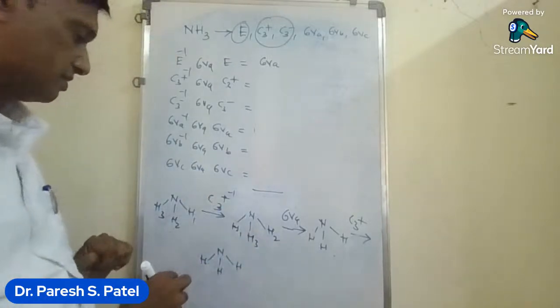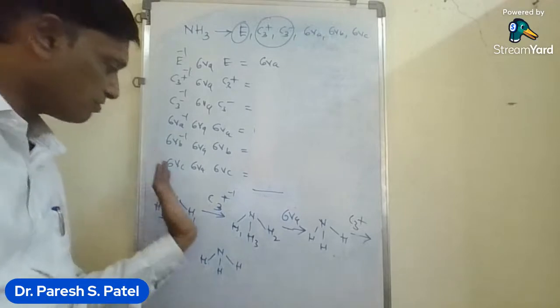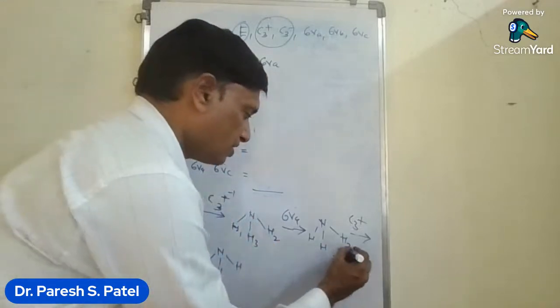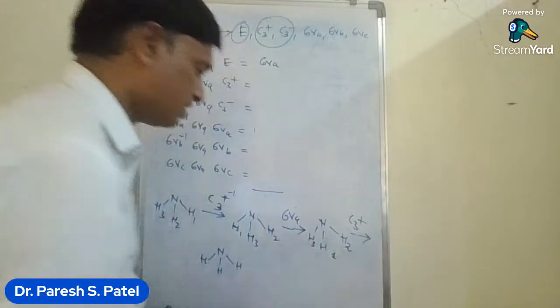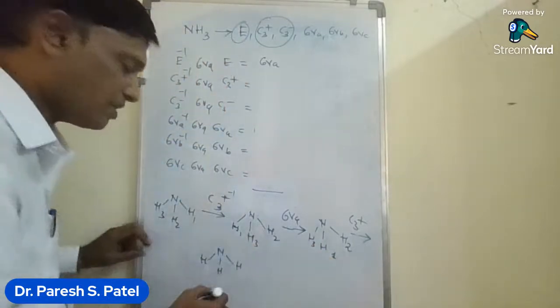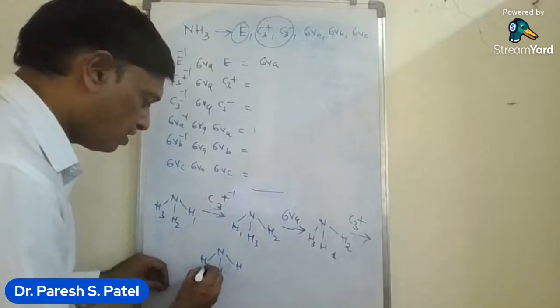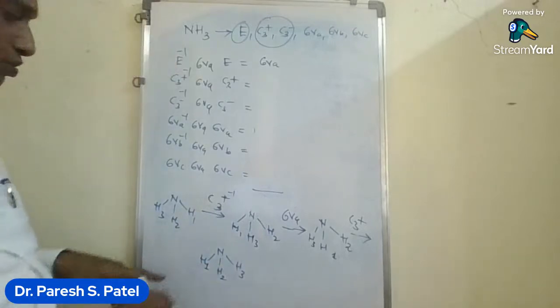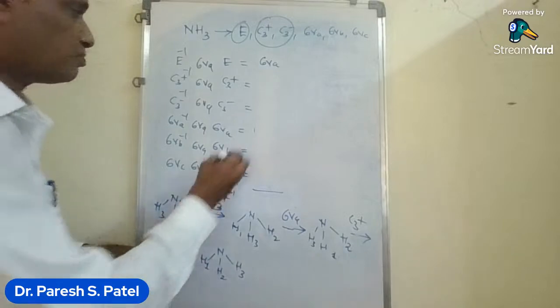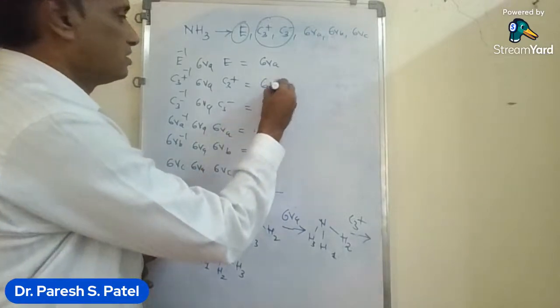Then sigma vA, which means we have to put a mirror over here. The position of hydrogen 2 remains as it is, and 1 and 3 are interchanged. Again C3 plus means 1, 2 and 3. So the overall result is sigma vB.